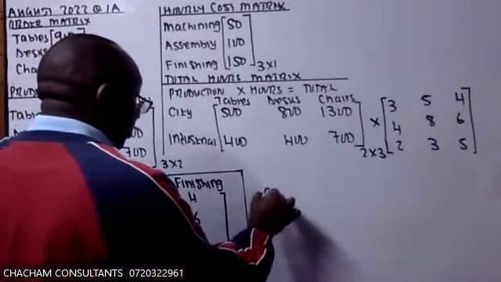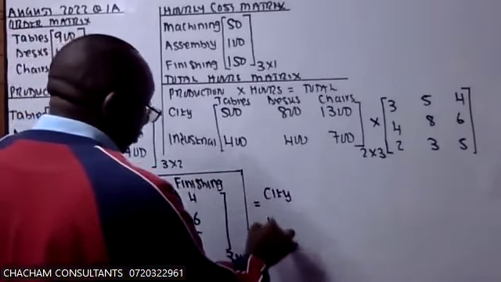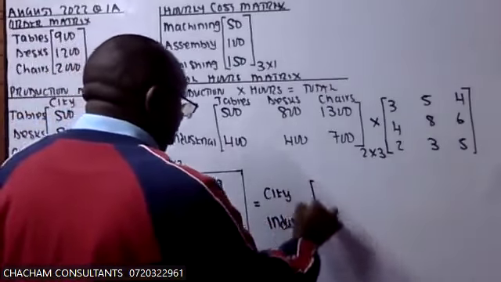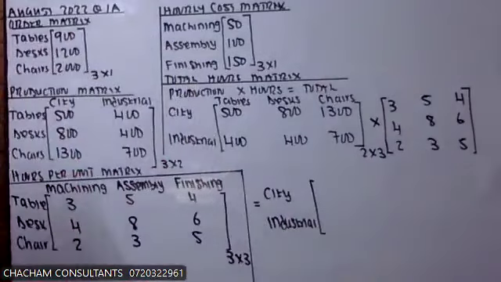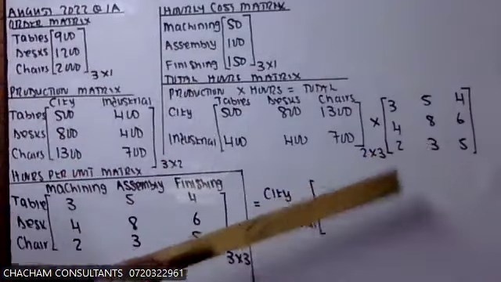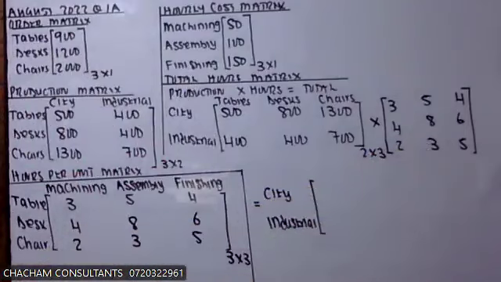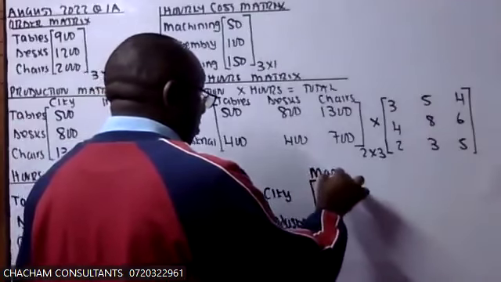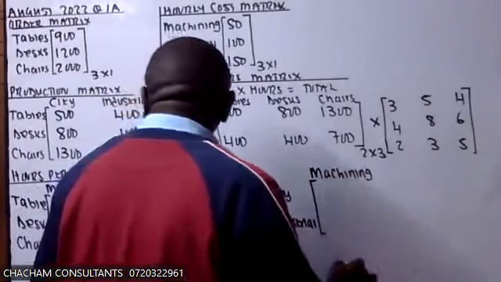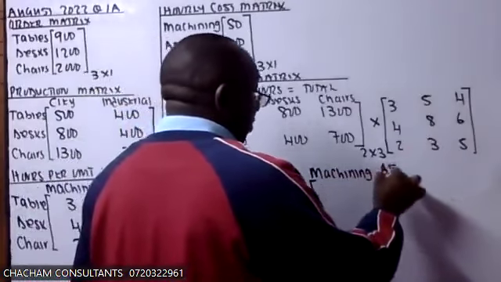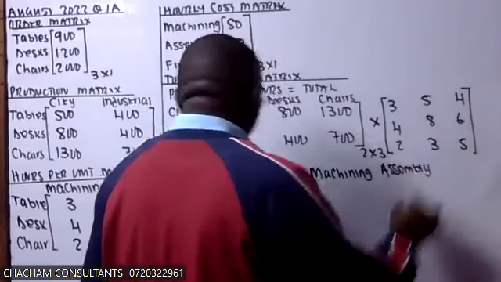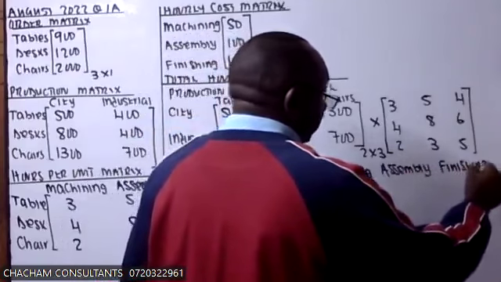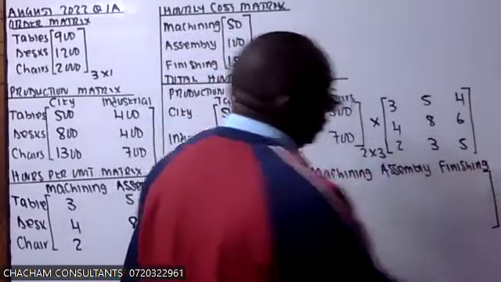So this will be city and this will be industrial. Those are the rows of the first matrix. This is what is called the second matrix. So the second matrix, the columns are machining, then we have assembly, and then we have finishing. That way.